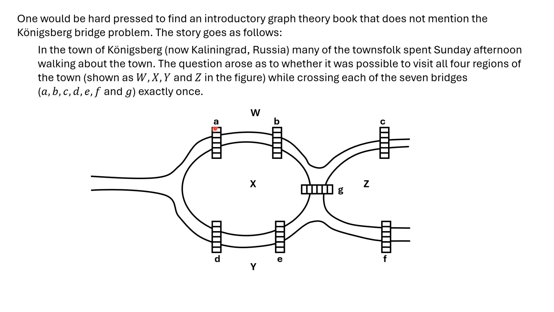So for example, you could start in region W, go over each bridge exactly once, and then maybe end up going over F last. Okay, so that was the problem. Then I'll explain how to put this in terms of a graph, and then I have a couple of theorems at the end that explain whether or not you have a solution for problems like this.